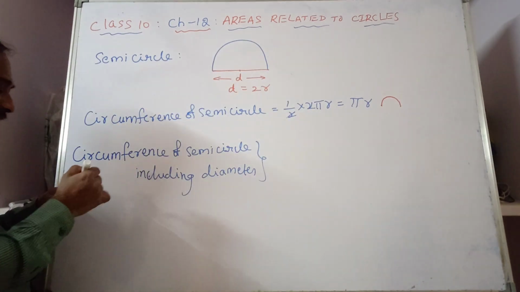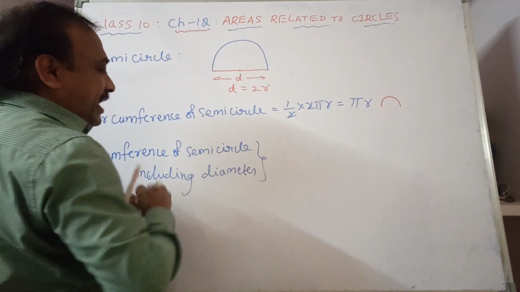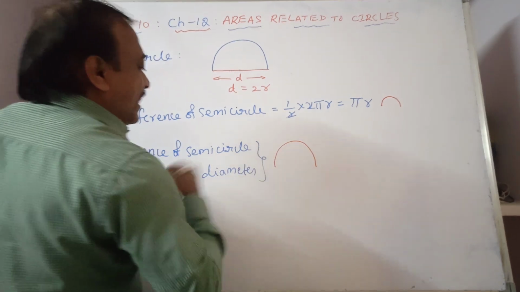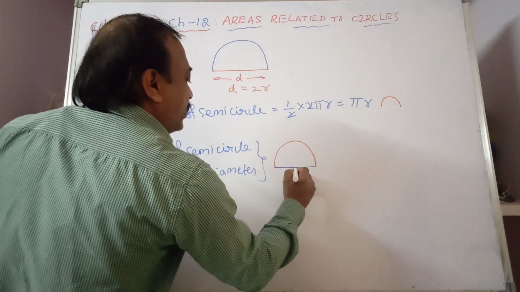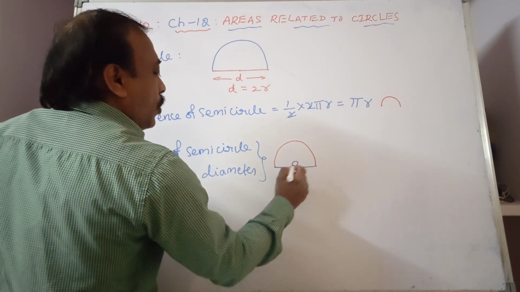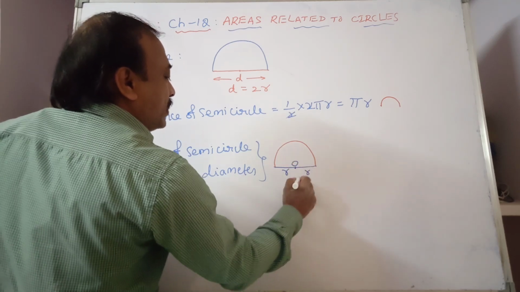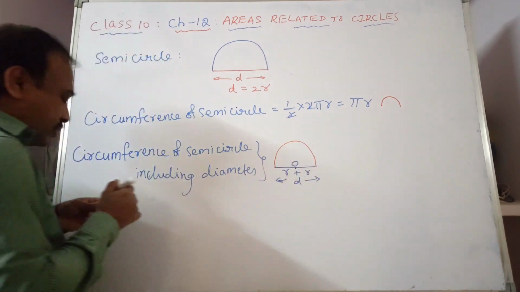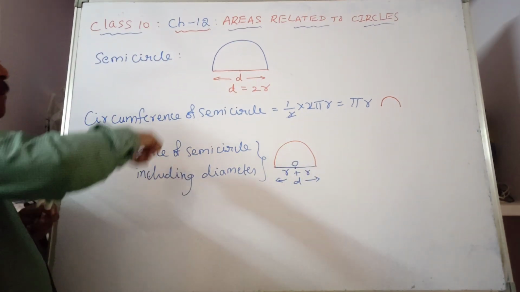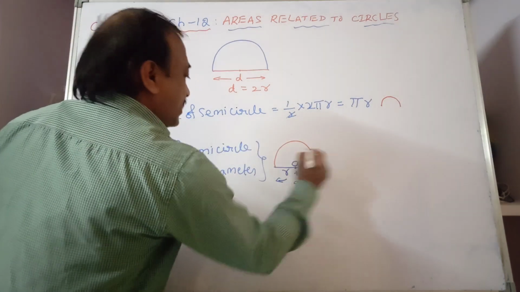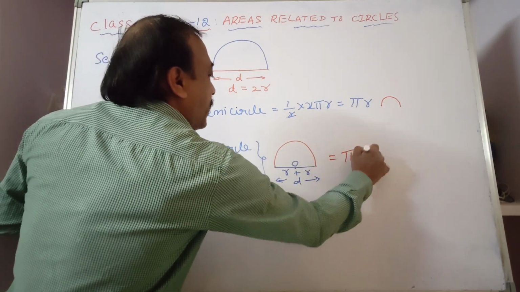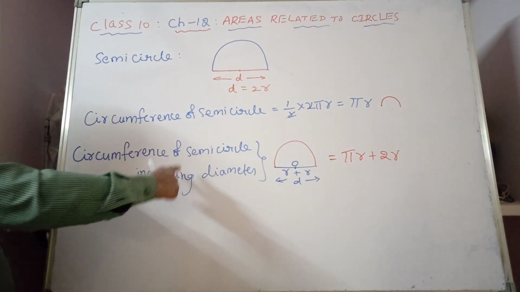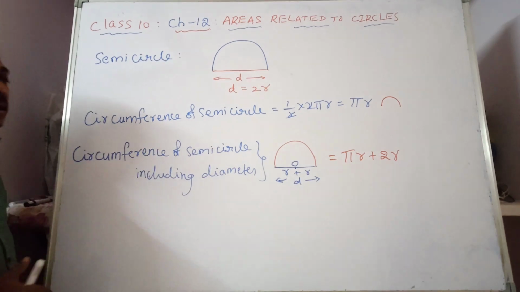Then the figure will be like this. This is the figure which I will draw once again, and this is the semicircle, with the diameter included. This is the center of the circle, O. R plus R together is D. So the circumference can be written as pi r plus 2r. We use this when finding the circumference of a semicircle including the diameter.